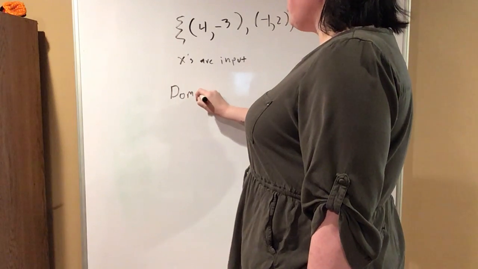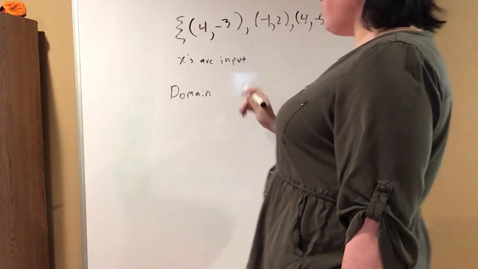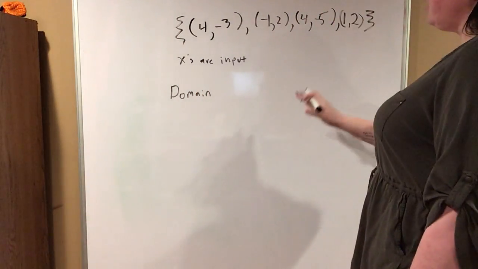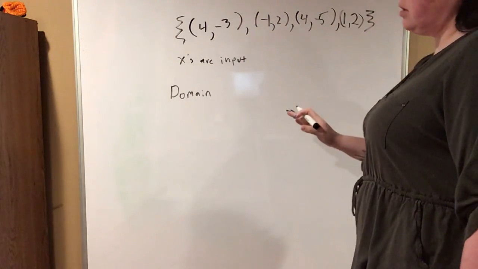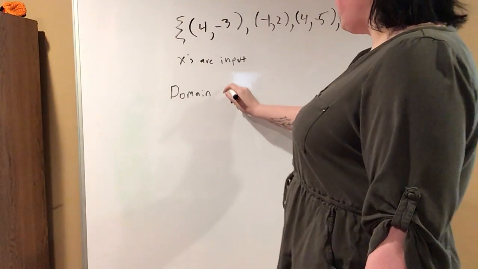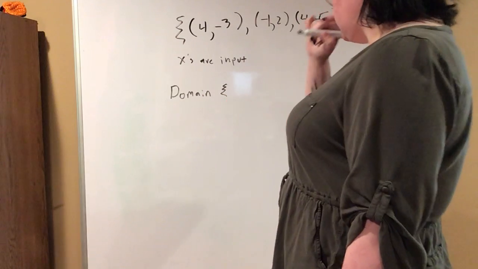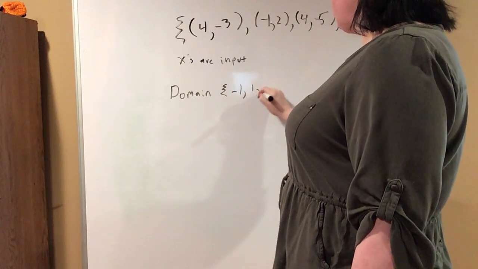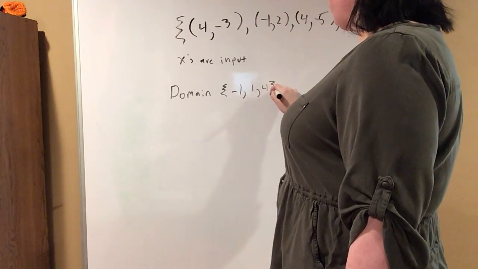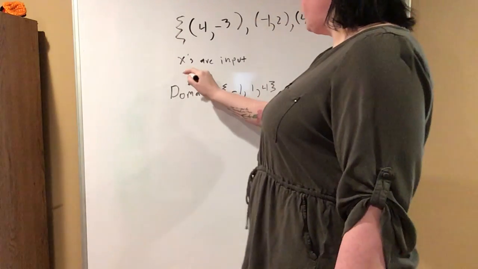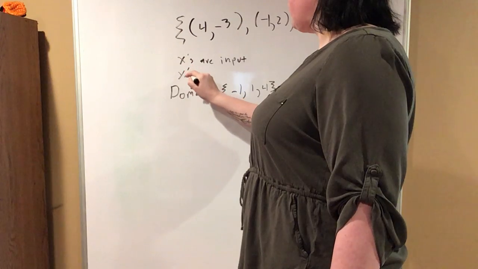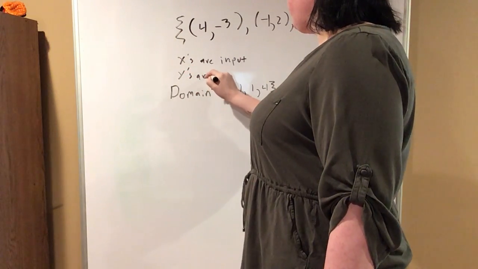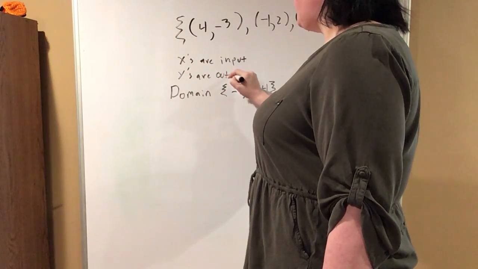And they want you to write the domain. When you write the domain, you write the domain from the least to greatest with no repeaters. So I will write this in braces. And I have a -1, a 1, and a 4. The range, the y's, are my outputs. And that is my range.